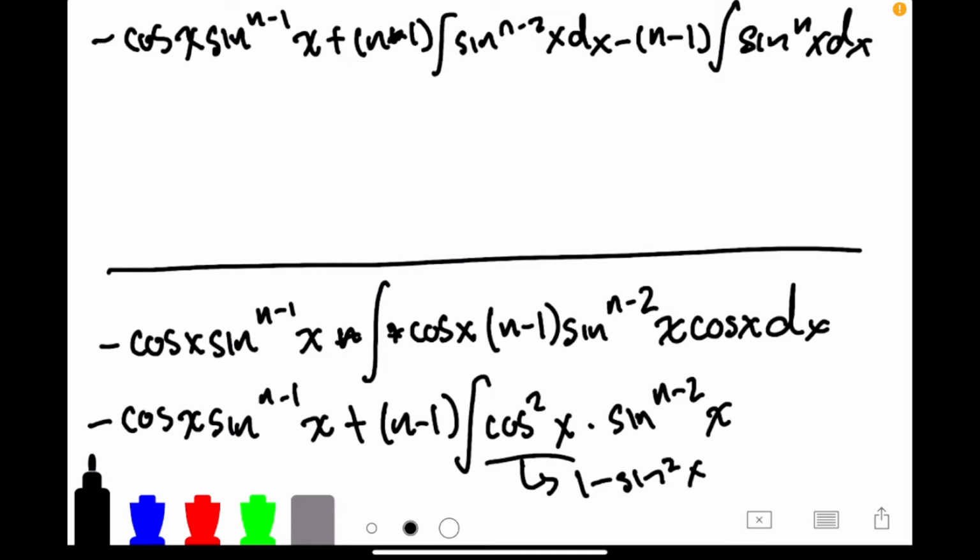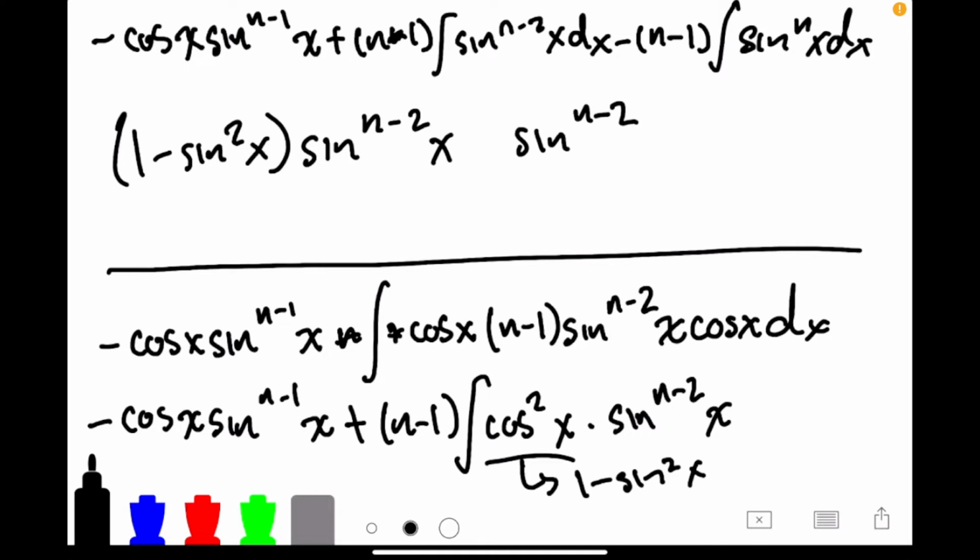So it would be 1 minus sine squared x, because that's the Pythagorean, times sine n minus 2 of x, and that becomes sine n minus 2 minus sine n of x, because n minus 2 plus 2, and then those cancel out.